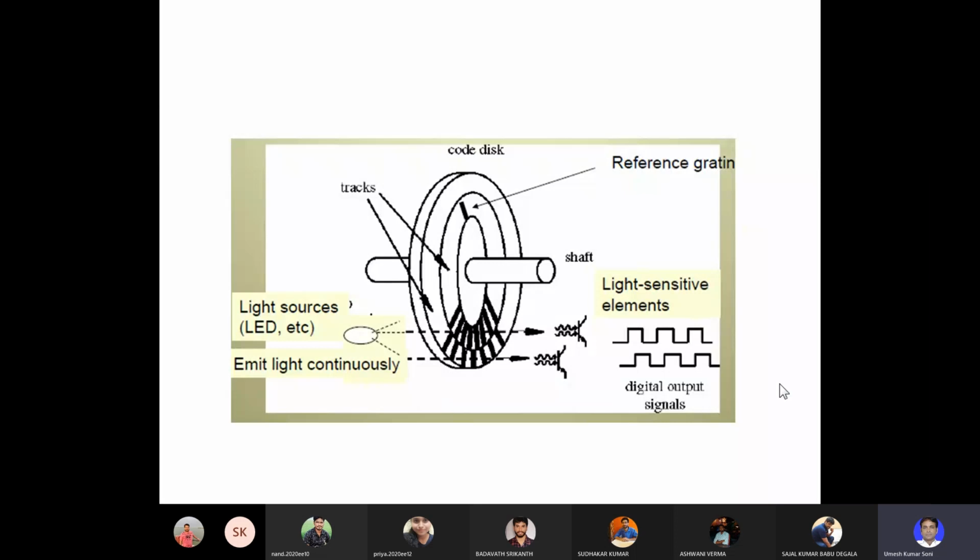This zero pulse will be received at one complete cycle of rotation. So as soon as this zero pulse is received, one can know that the disk has rotated one cycle.